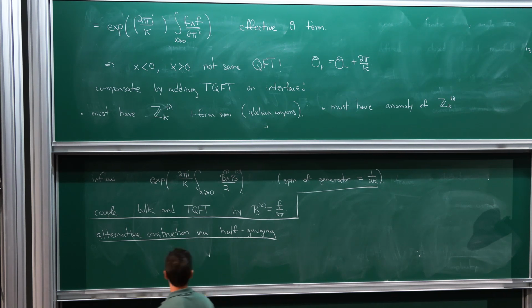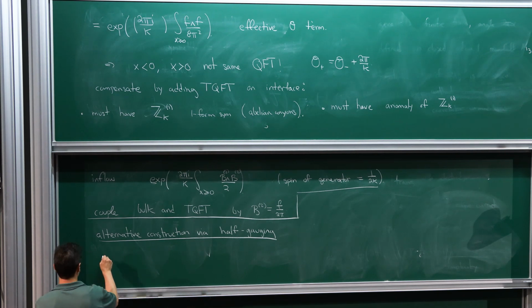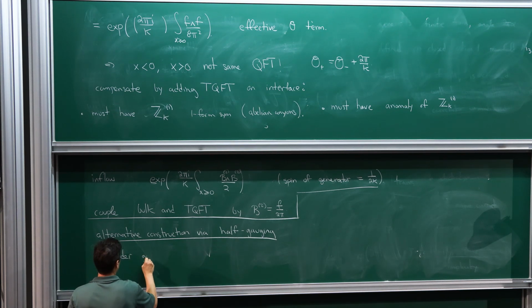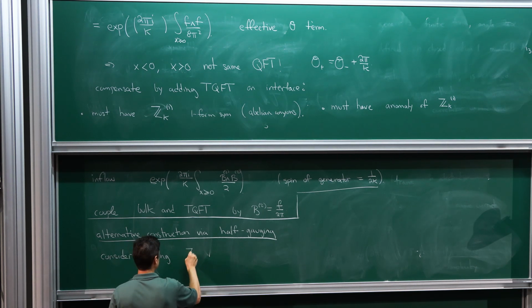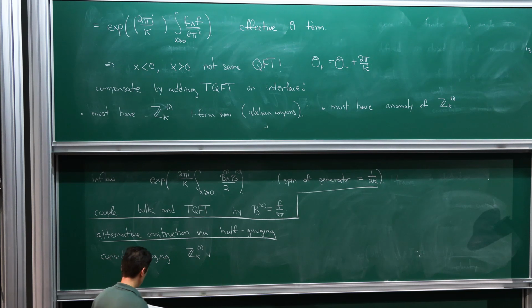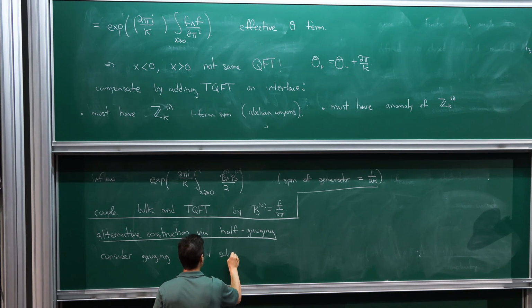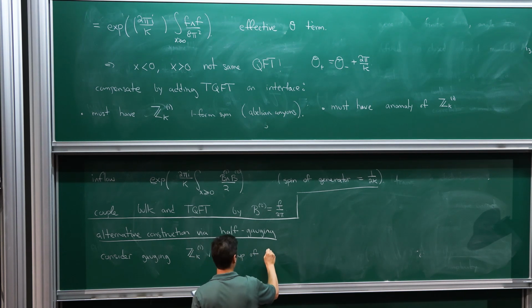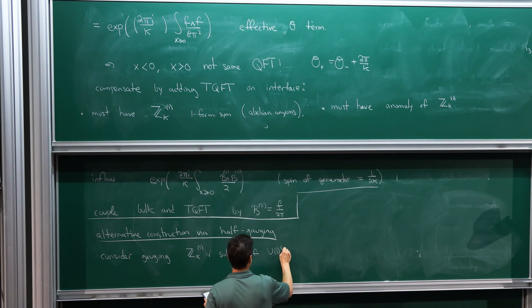Okay, so what do we do now for half gauging? So let's consider gauging a Z_K1 subgroup of the one-form magnetic symmetry.